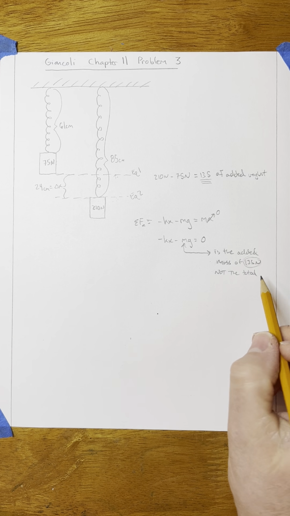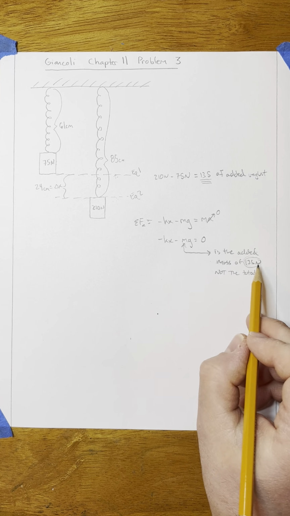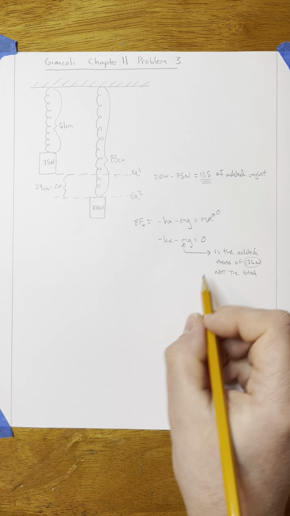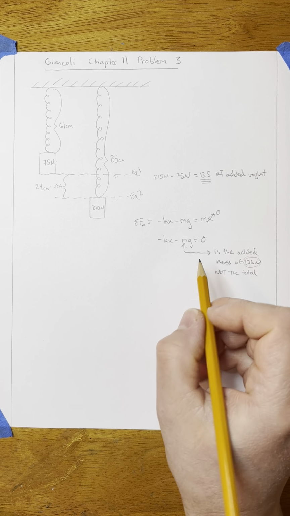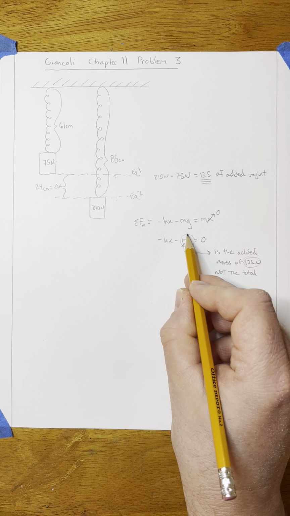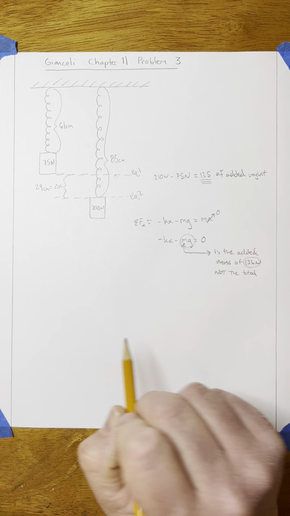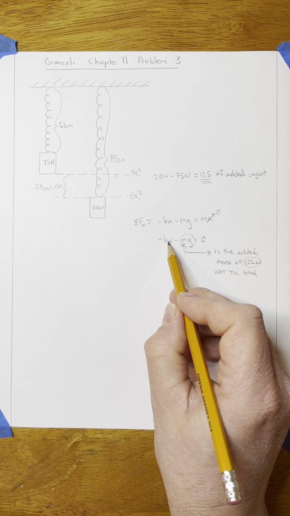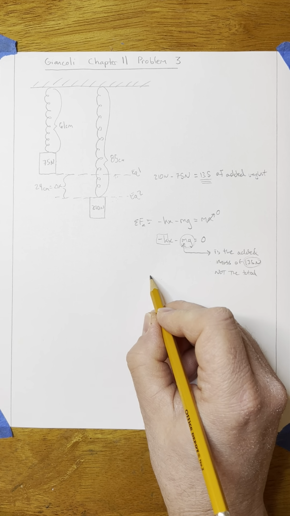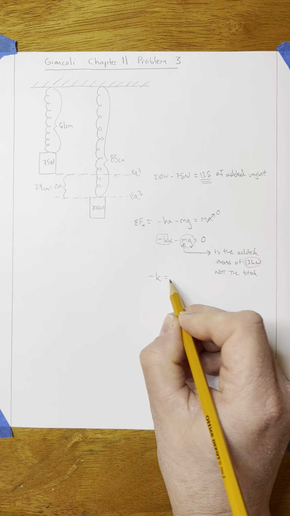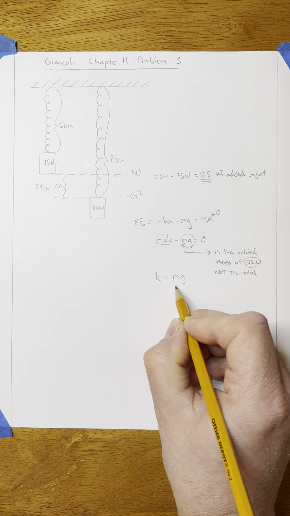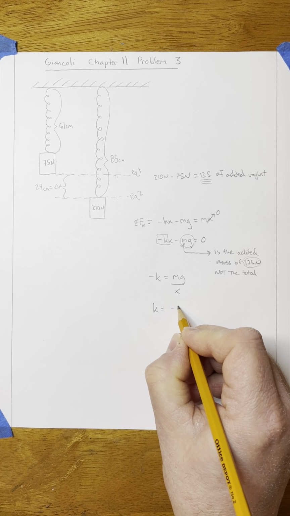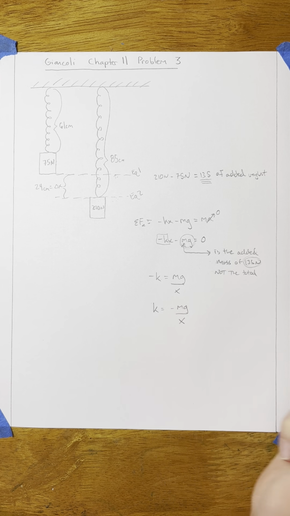I realize I'm mixing mass and newtons here, not really a good idea, but hopefully you're following the explanation. So this whole force right here, m times g, is our 135 newtons. So we're going to solve for k. Negative k is equal to mg over x. K is equal to negative mg over x.